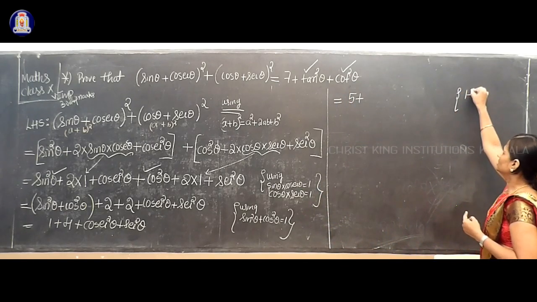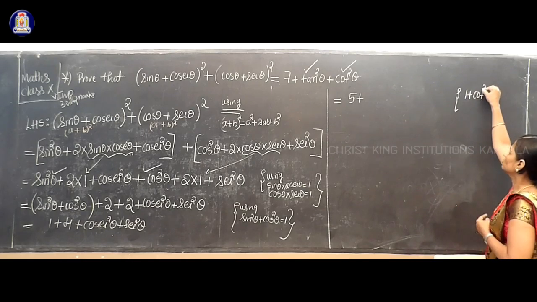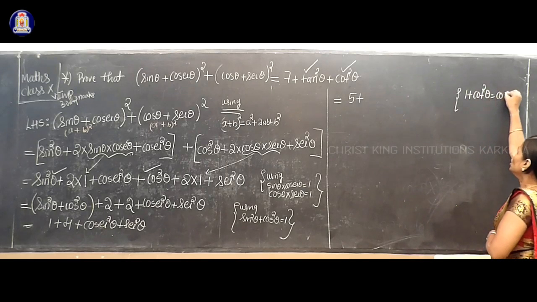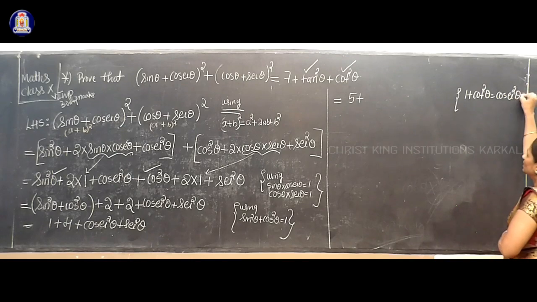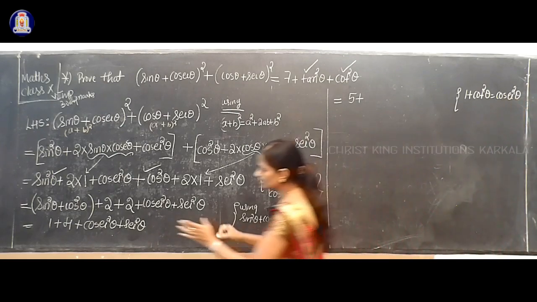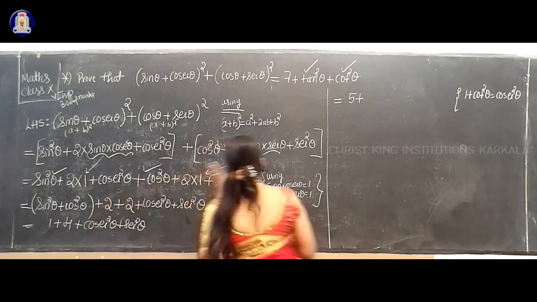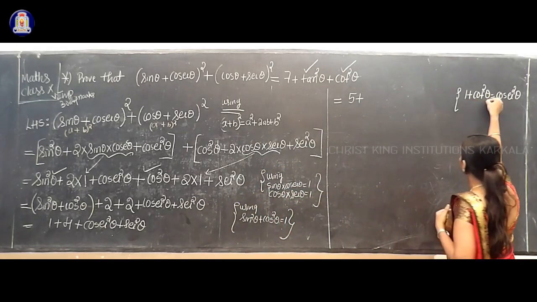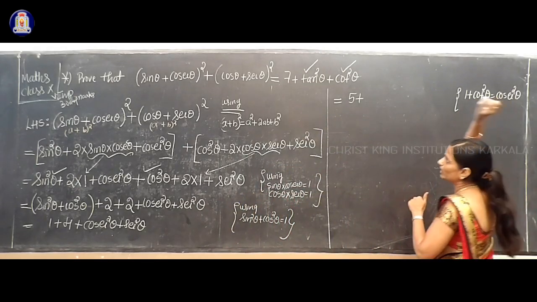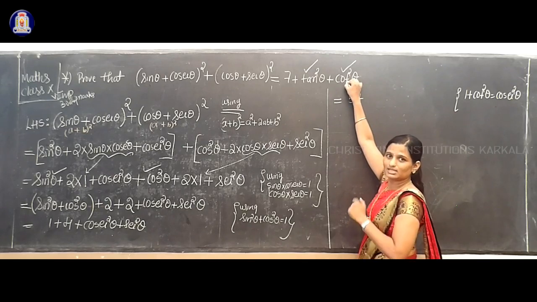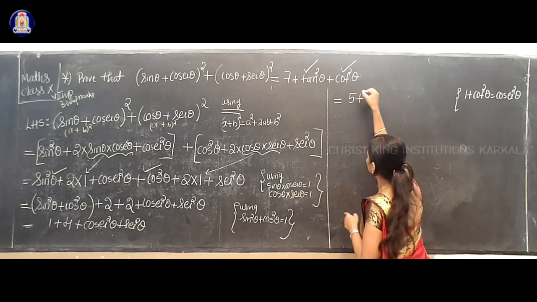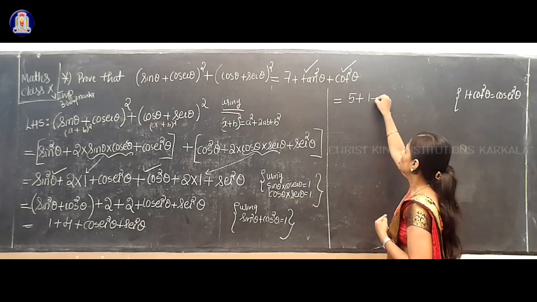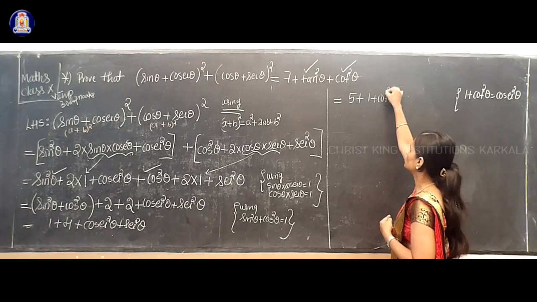The identity is 1 plus cot square theta is equal to cosecant square theta. Now can you replace cosecant square theta as 1 plus cot square theta? Yes. Why? Because we need the answer in cot square. So I am changing cosecant square theta as 1 plus cot square theta.